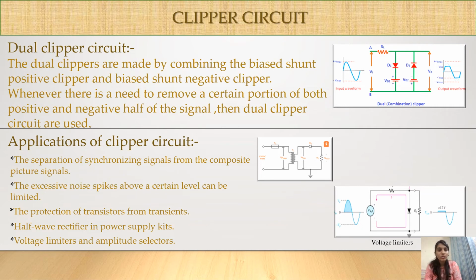Now we move towards the applications of clipper circuits. The main purpose of a clipper circuit is to modify the waveform of the signal, which can be used in several applications such as protection against overvoltage, noise removal, transmission, etc. They are used for filtering noise in transmitters.